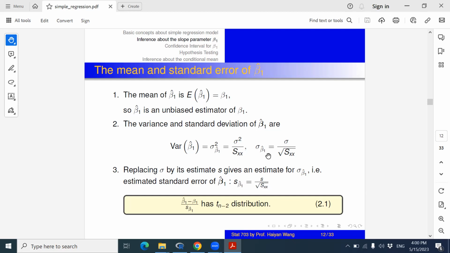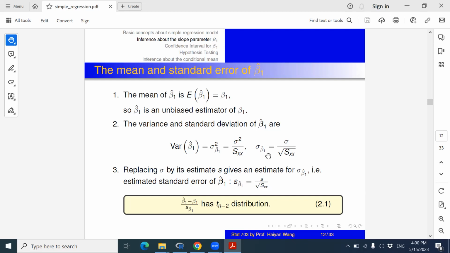And when we try to estimate beta 0 and beta 1, we try to make the mean squared error as small as possible. To minimize that, we simply treat this whole thing as a quadratic function of beta 0, beta 1.